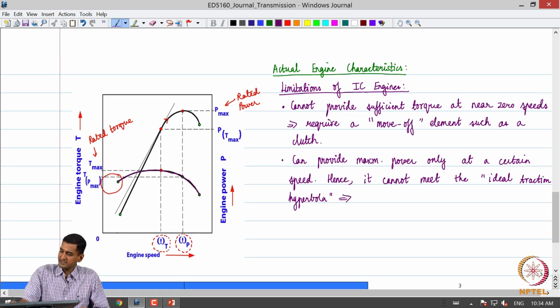We will observe shortly that it requires a multi-speed gearbox.